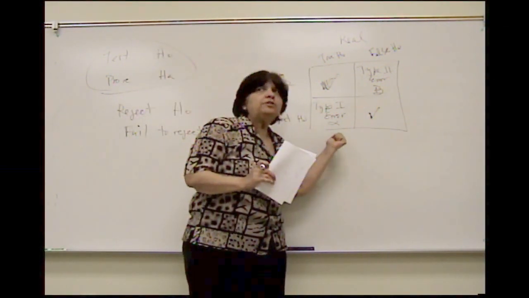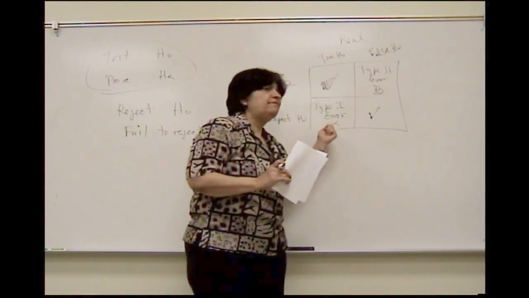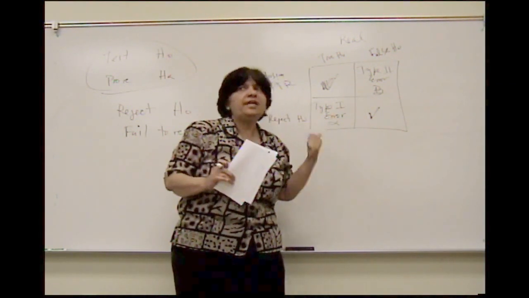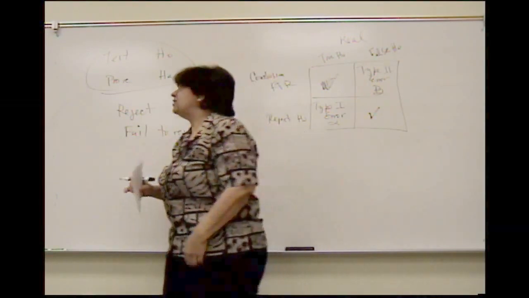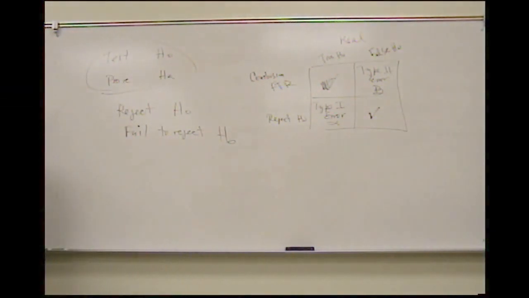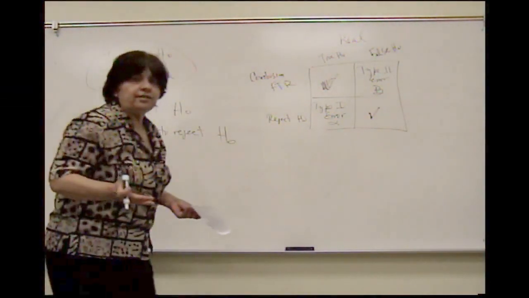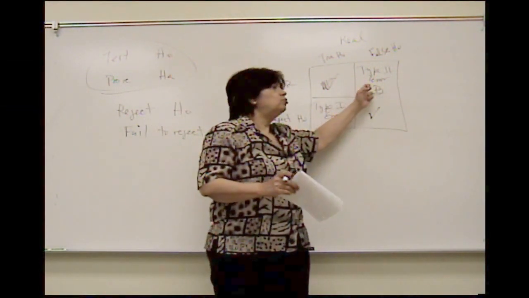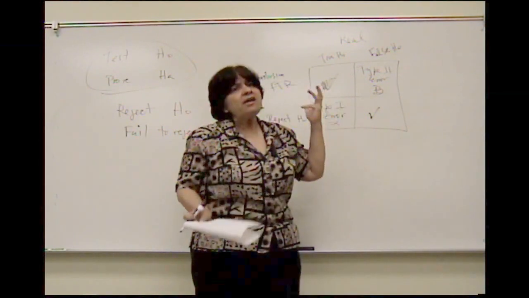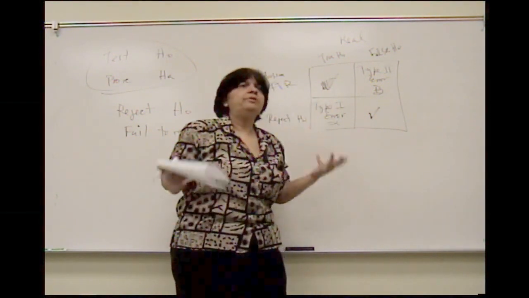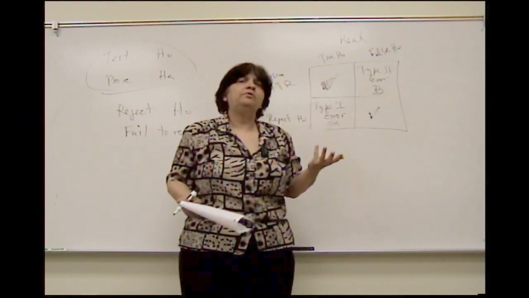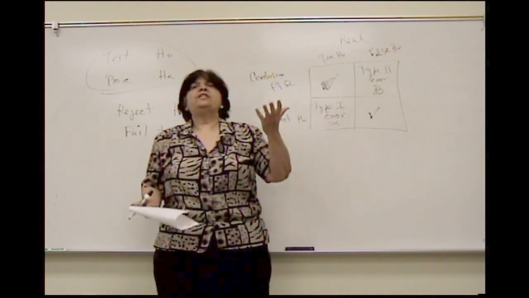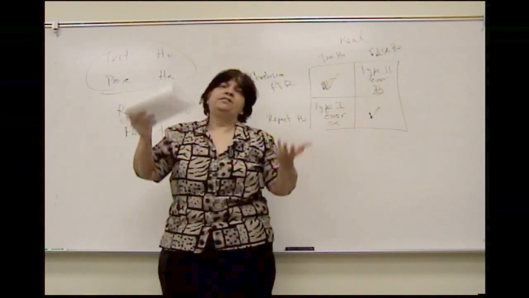What the researchers have control over is alpha, and this alpha is exactly the same alpha as the one we covered in confidence intervals. What we don't have control over is beta. However, the relationship between alpha and beta is opposite. If I increase alpha, I decrease beta, and vice versa.